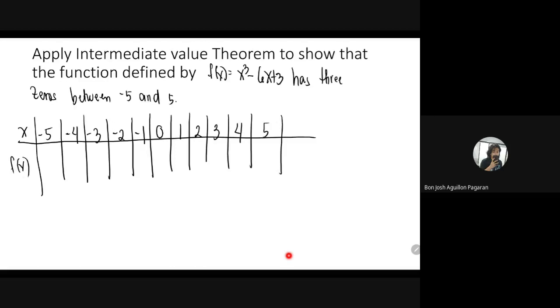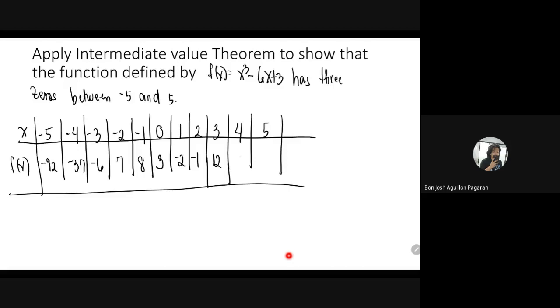And our f of x here will be, so kapag -5, that's -92, -4, that's -37. Please check your own paper, -3 is -6, -2 is 7, -1 is 8, 0 is 3, 1 is -2, 2 is -1, hindi siya sakto. 3 is 12, and then 4 is 43, 5 is 98.